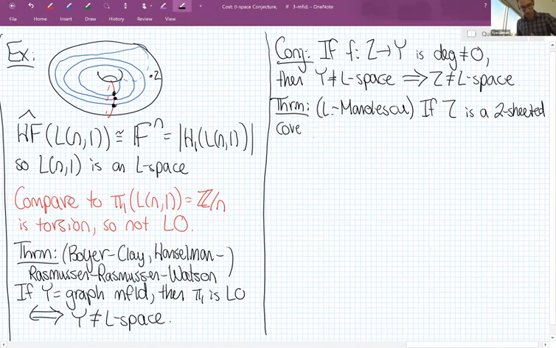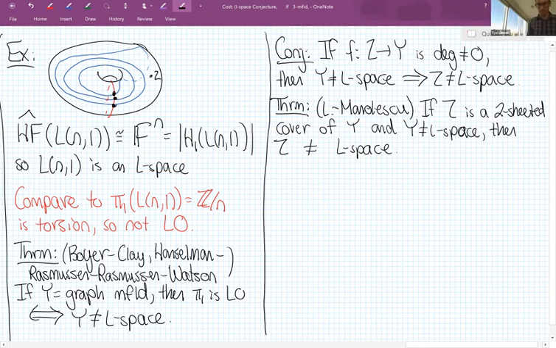If Z is a two-sheeted cover of Y, and Y is not an L space, then Z is an L space. Oh, sorry, then Z is not an L space also. There's some more general statement here, but this is the simplest version. So for some covers, this is nicely understood. But the proof doesn't use any symplectic topology. The proof passes through gauge theory.